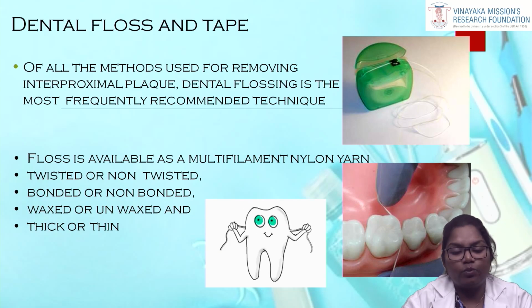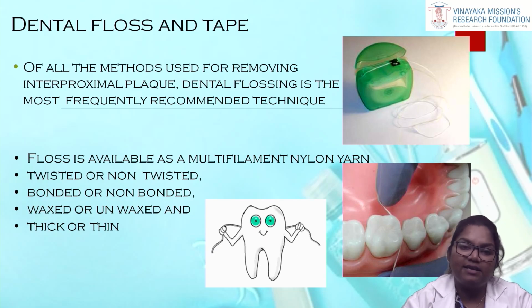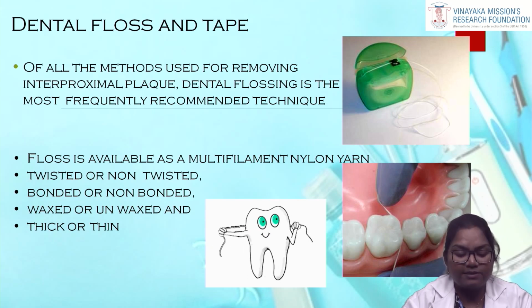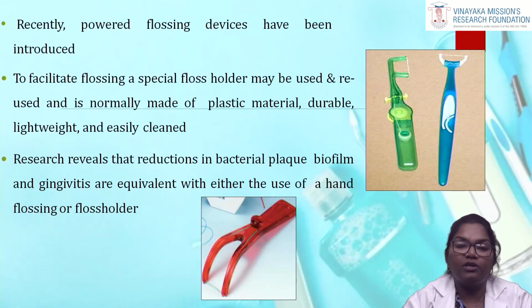Waxed, as the name suggests, has a coat of wax on it, which helps in easy movement between your interproximal areas. Recently, flossing devices have been introduced that facilitate flossing with a special floss holder that may be used and reused, and is normally made of plastic material which is durable, lightweight and easily cleaned.